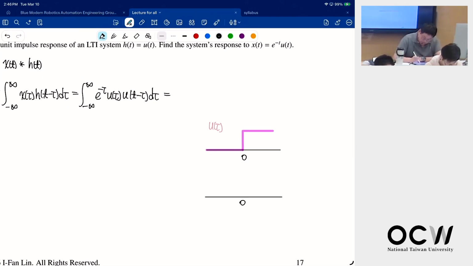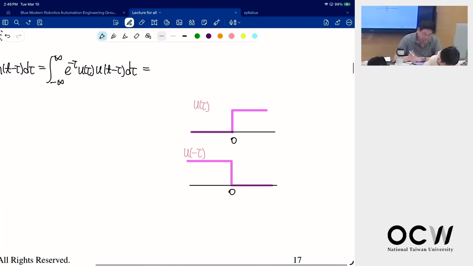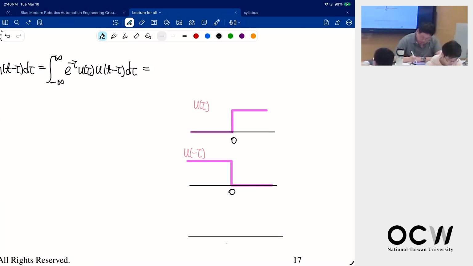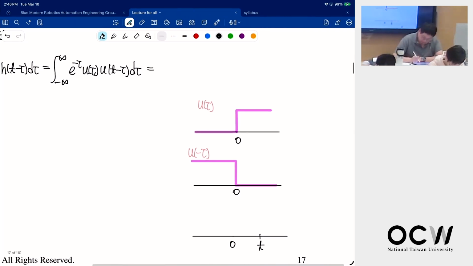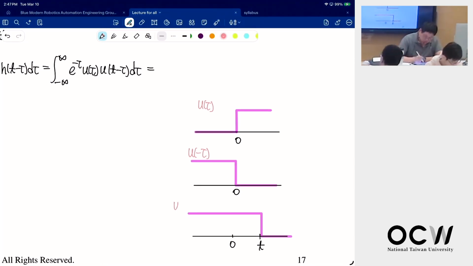Here is still 0. So I do the reverse. This is u minus tau. So if I shift by t, minus tau plus t, what does it look like? Here's 0, and here's t. This is minus tau plus t. Okay, I shift by t.